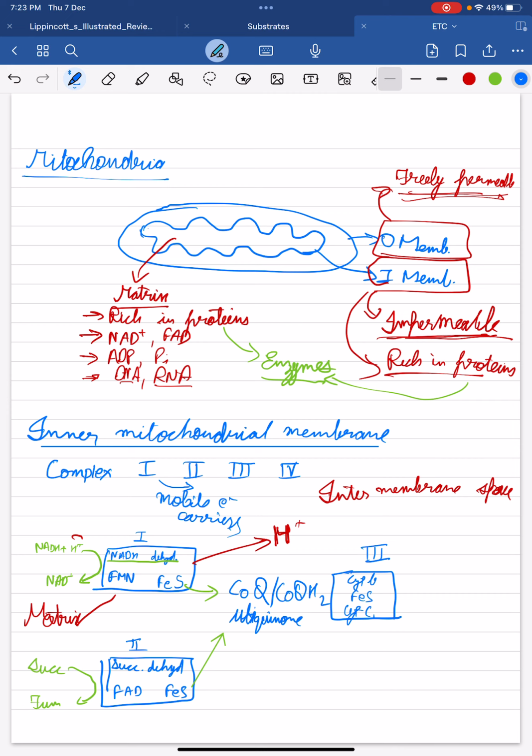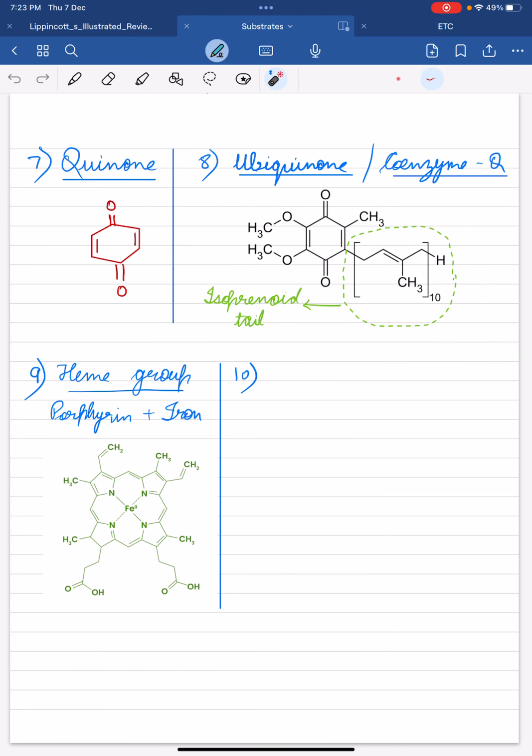So what actually is cytochrome? Cytochrome has a structure just like a heme group. If you remember heme, it has a porphyrin ring with iron. So the structure you can see right now is a porphyrin ring, and when this iron is attached, it becomes a heme group.